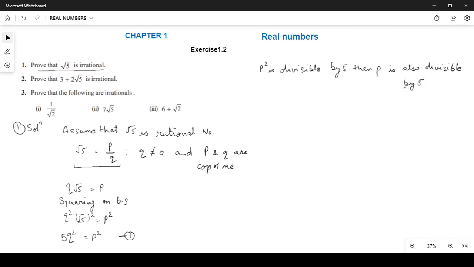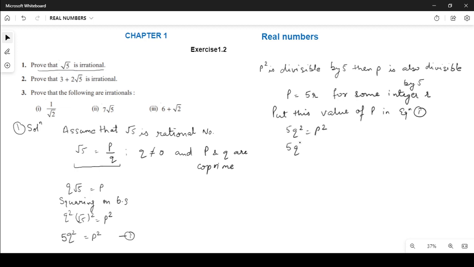If p is divisible by 5, then can I write p is equals to 5r for some integer r, right? Then put this value of p in equation number 1. Equation number 1 क्या है हमारे पास: 5q square is equals to p square.